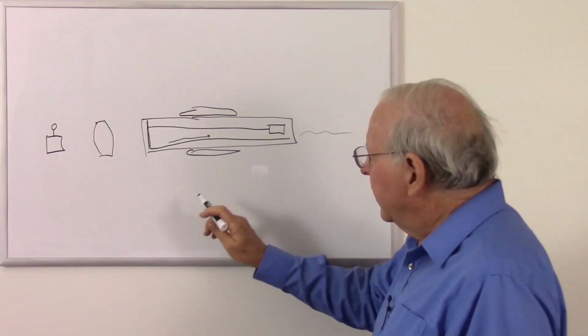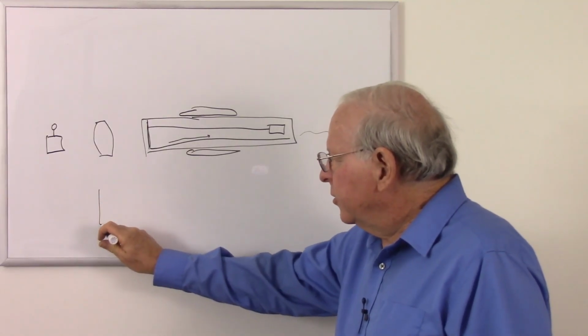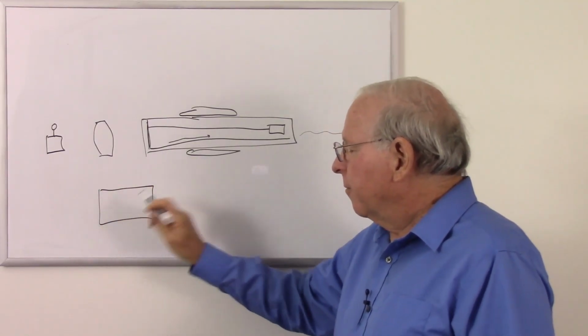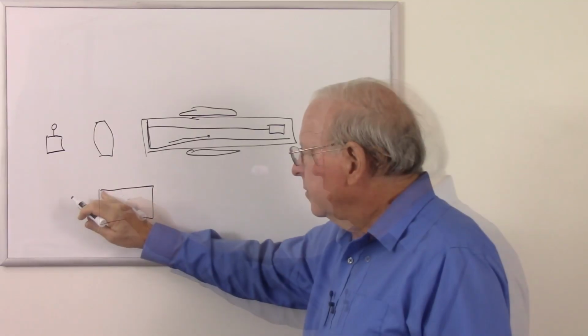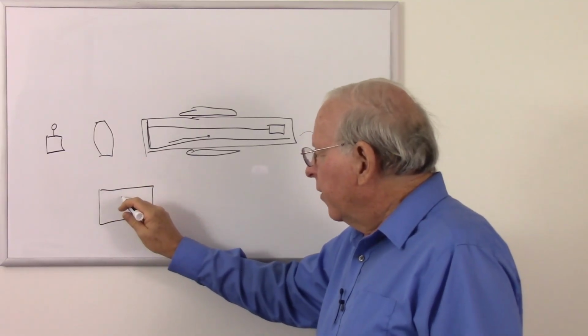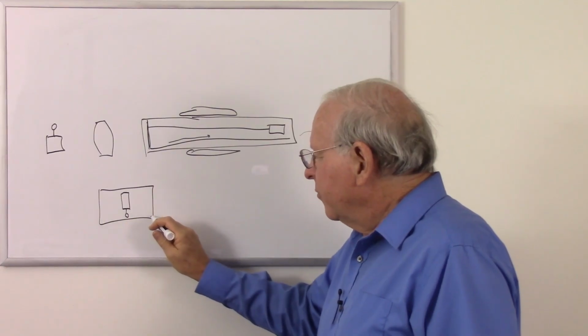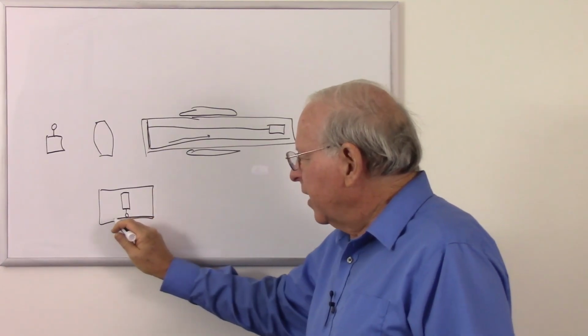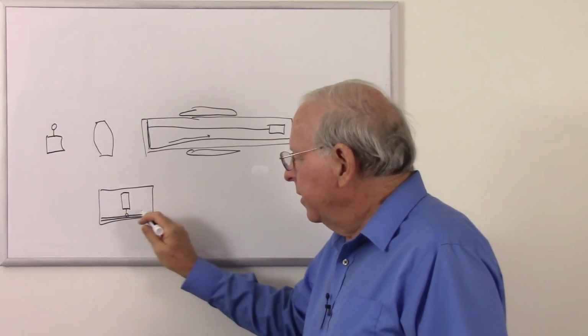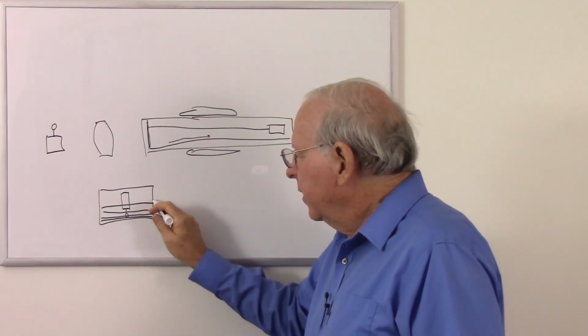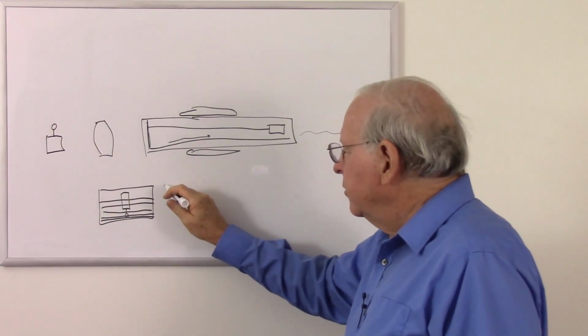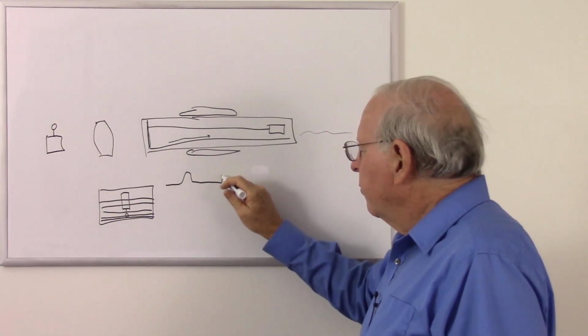So Farnsworth's idea was to take the image, if we look at the front or back of the camera tube, we have our image on there, which of course is upside down. So we're going to scan across that image with our electron beam, creating a voltage that is proportional.